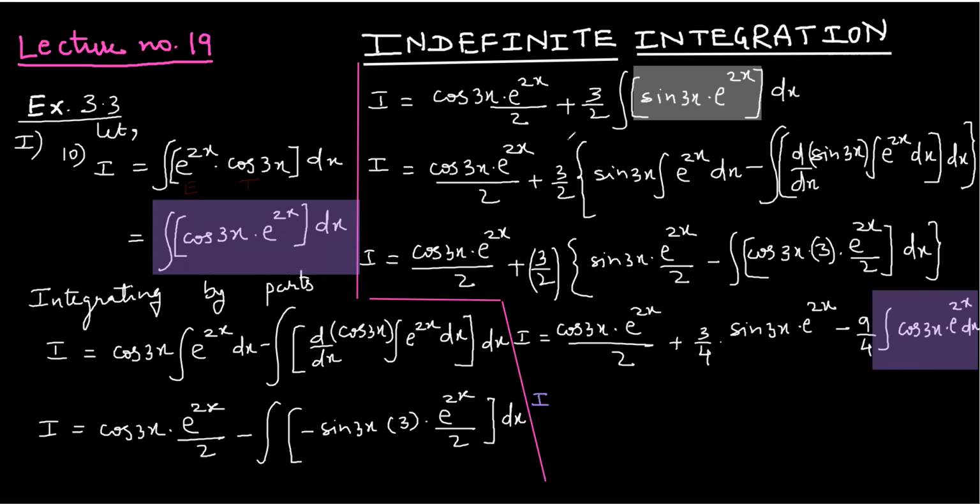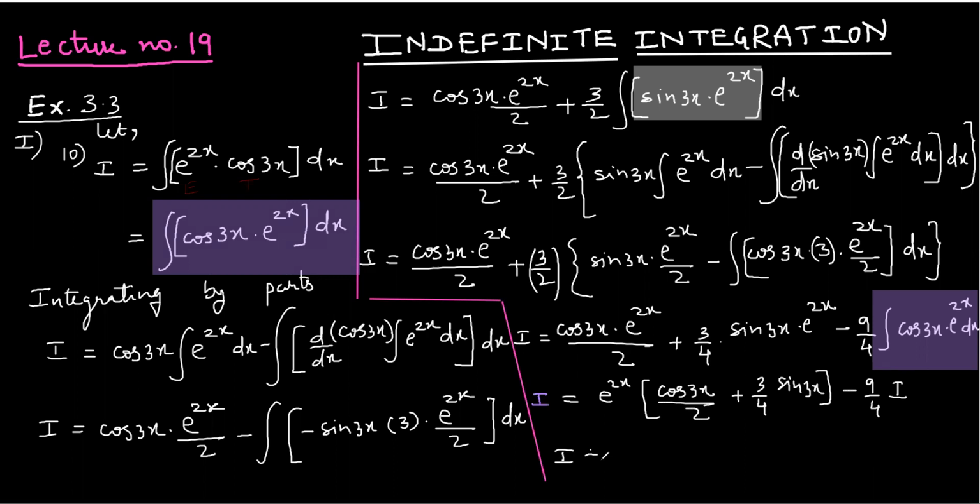So I write here I, and this is equal to, let me take e raised to 2x common. I get cos 3x upon 2 plus 3 upon 4 sine 3x minus 9 upon 4 I. Now next step, I shift this 9 upon 4 I onto the left hand side.